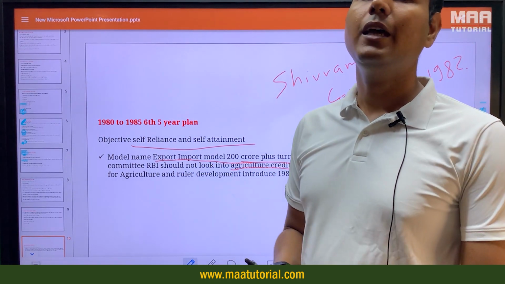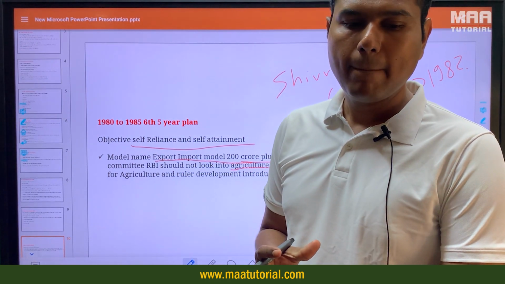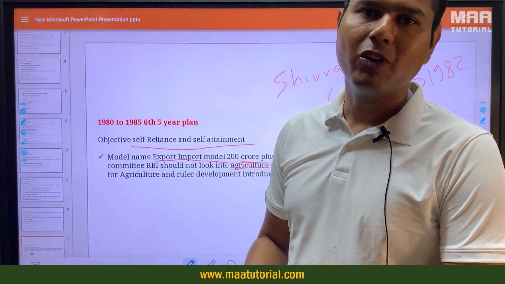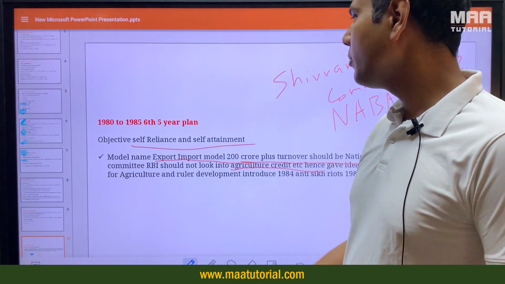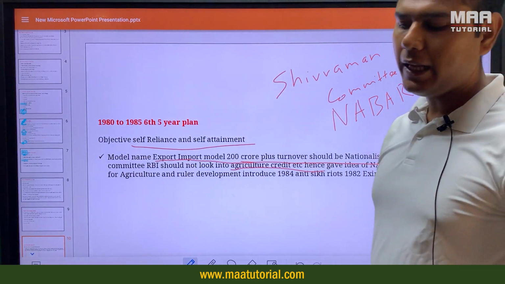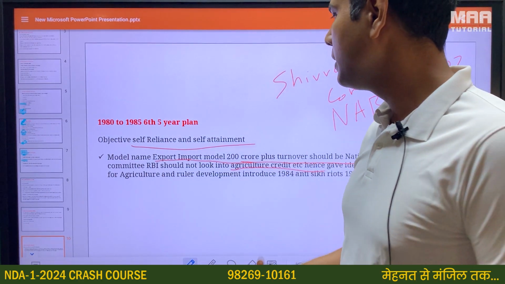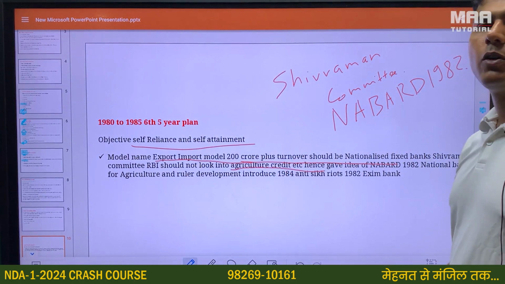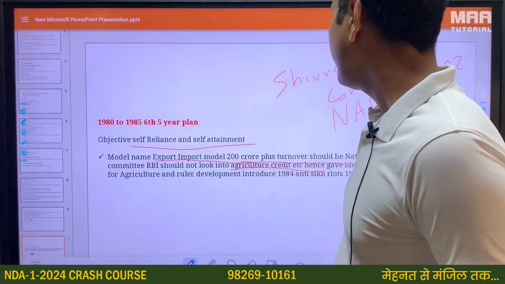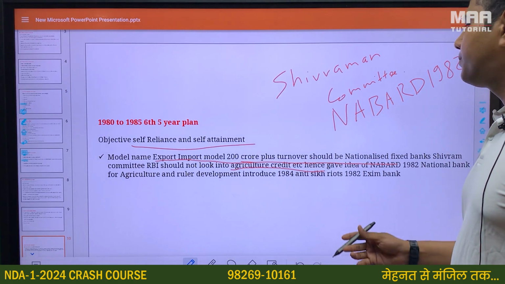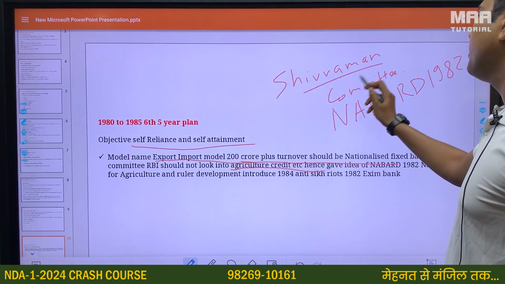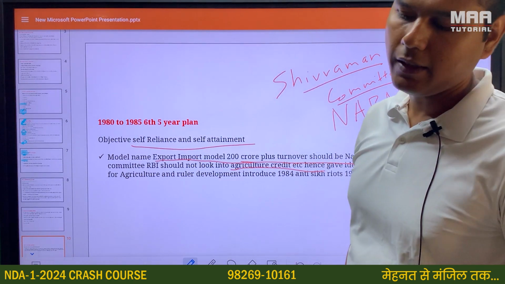So rather than relying on RBI for agricultural development, there should be another body, another bank called NABARD, that should undertake the responsibility of economic development in the field of agriculture. That should be focusing on credit for the agriculturists, and hence Shivraman committee became a very important committee to remember for our examination as well.